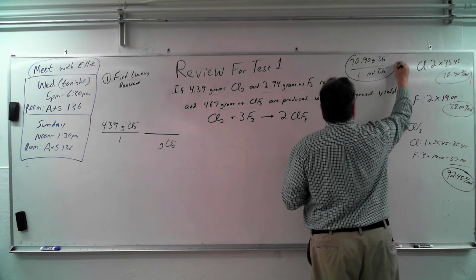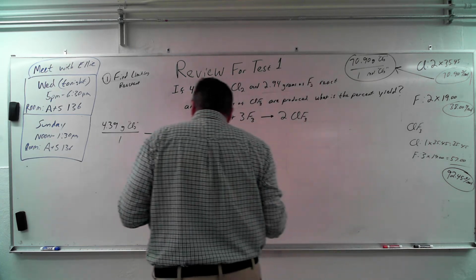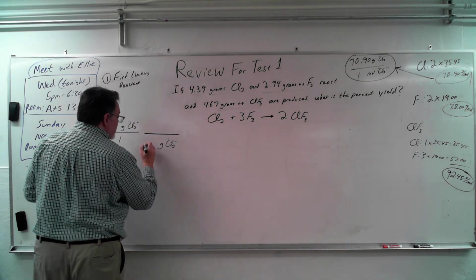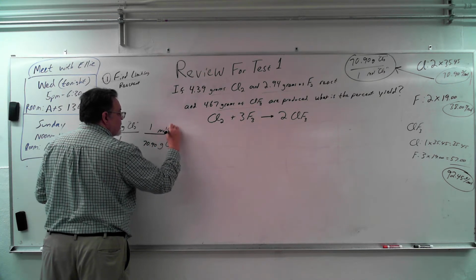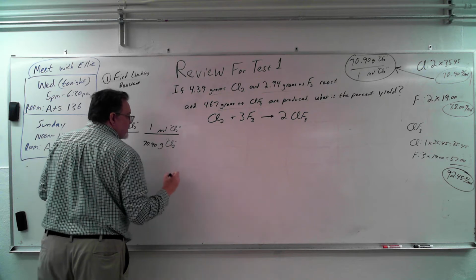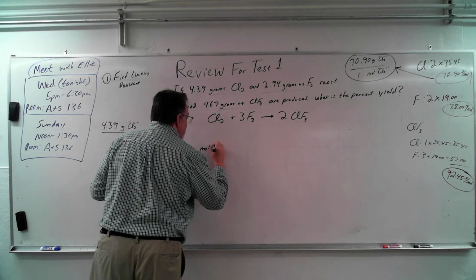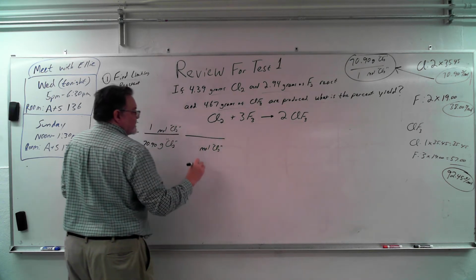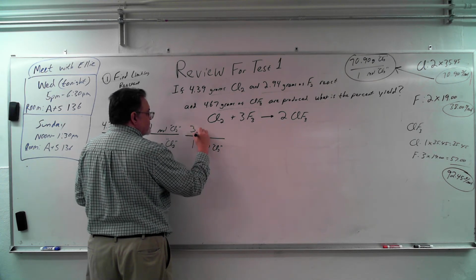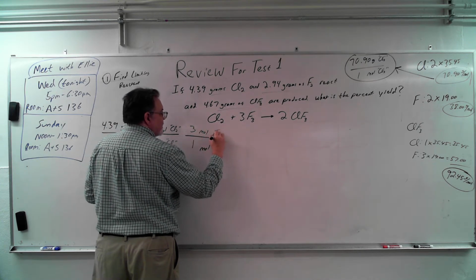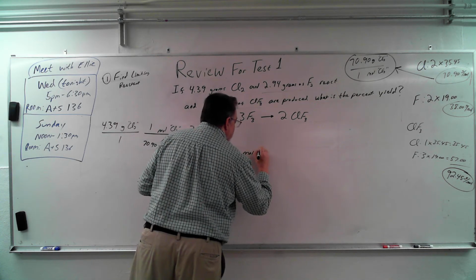So I'm using this, which is the more formal statement of that. The grams go on the bottom, so 70.90. That tells us moles of Cl2 goes on the bottom. That's this mole ratio: 1 mole of Cl2 to 3 moles of F2. That tells you moles of F2 on the bottom.